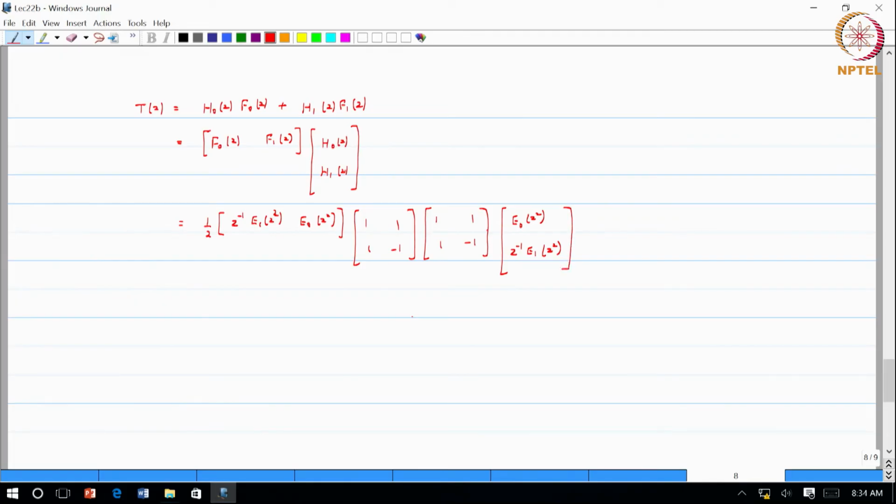Now, these two, as I mentioned, will cancel each other, you will get 2 0, 0 2. It is like an identity matrix, but with a scale factor of 2.